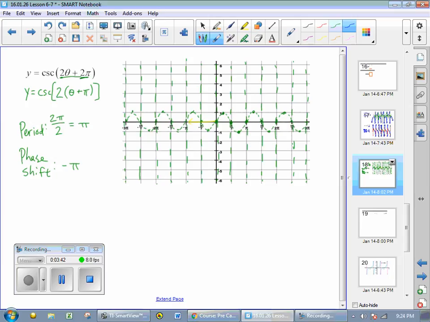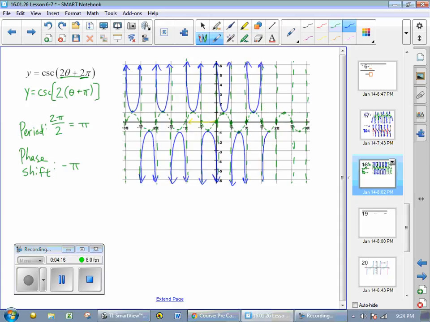So let's put them all in, and yes, they are pretty skinny, and they look like that. There's the graph.